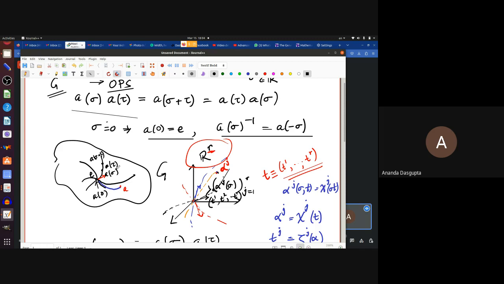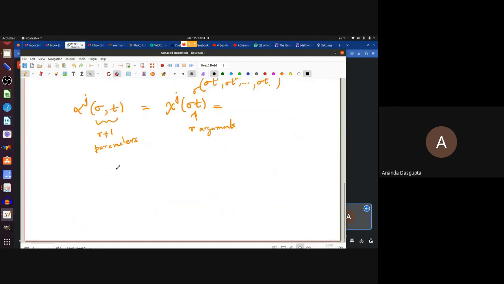Suppose, and that is important, let me draw this again a bit bigger. Let's say this is my origin, the identity, and this is the point A. And I have found a particular specific one parameter subgroup, which has a tangent T here, which goes to the point A when sigma is 1.